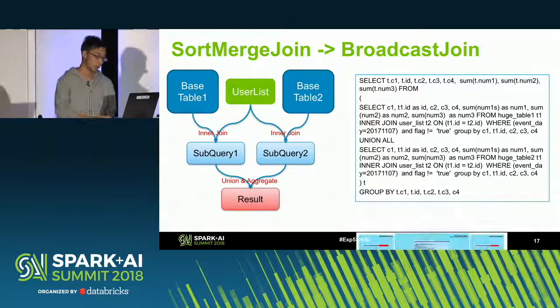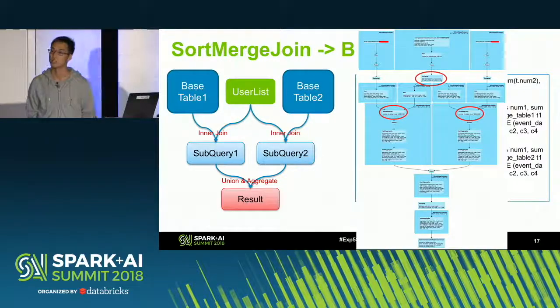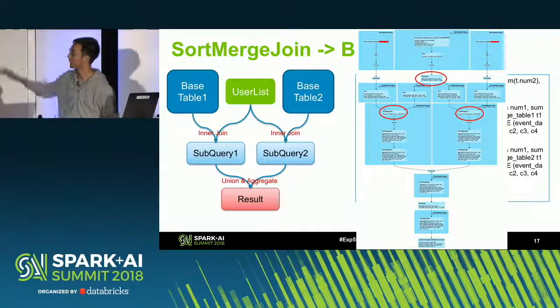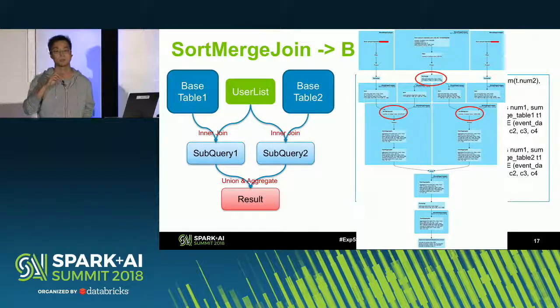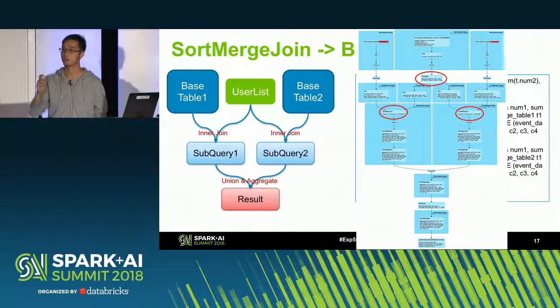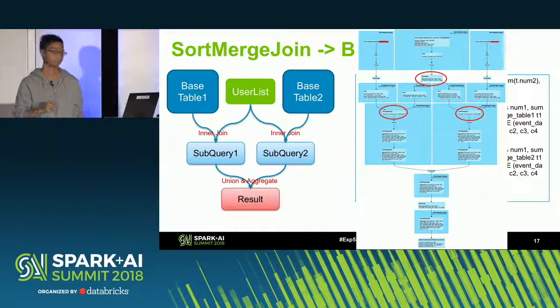If I use the original Spark version, you may find a physical plan like this. In the red circle, you may find that although the exchanged base table is small enough, less than about 10 megabytes, the original Spark version still uses sort merge join.